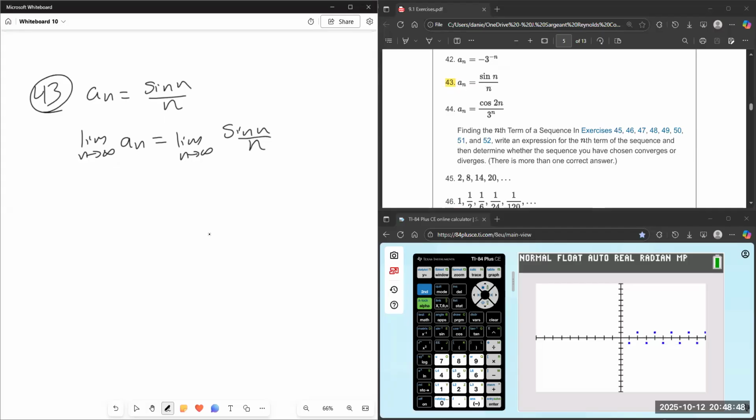Well, I know that whatever this L is needs to be between the limit as n goes to infinity of -1 over n and the limit as n goes to infinity of 1 over n, and L is between 0 and 0, so L has to be 0.